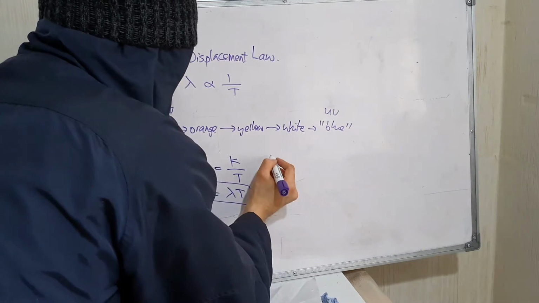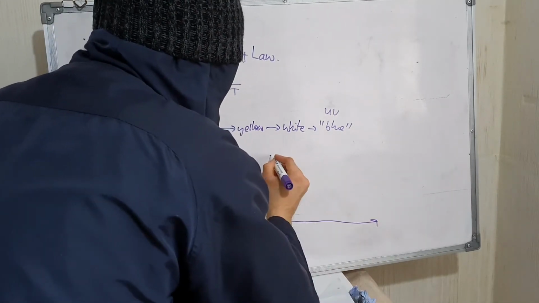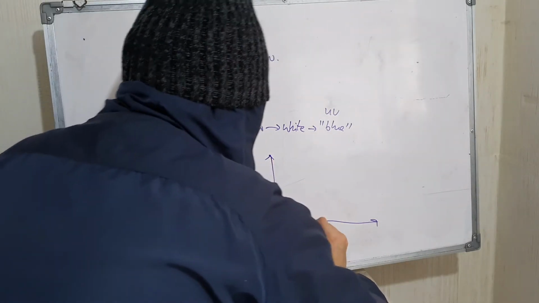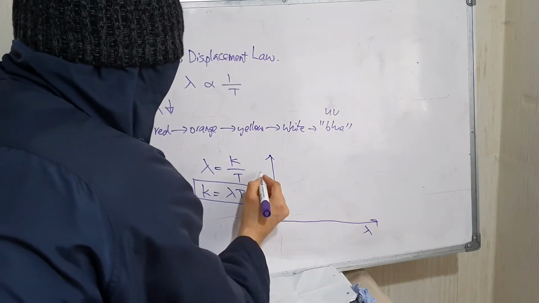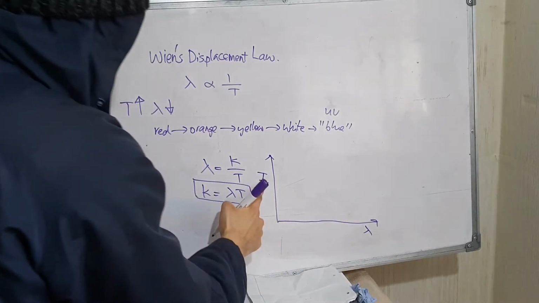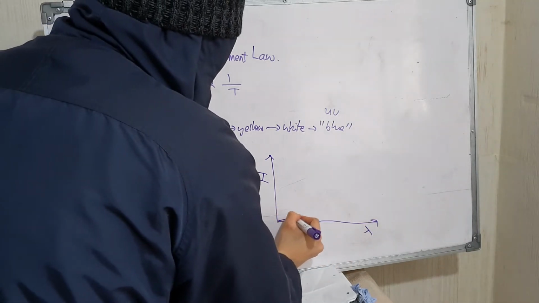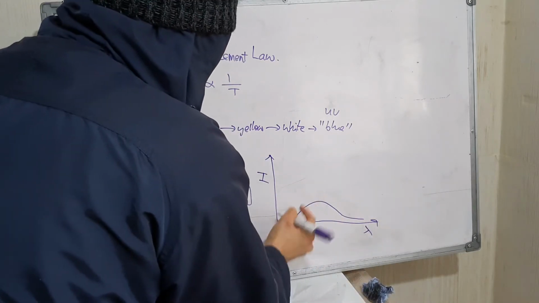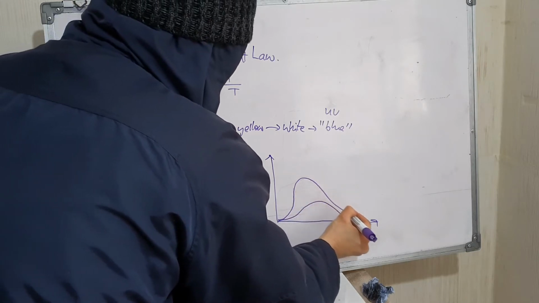You're also given this graph in the book. So this is wavelength, lambda for wavelength, and this is I for intensity. Now this is a graph for different temperatures. As you increase the temperature, the peak wavelength gets shorter.